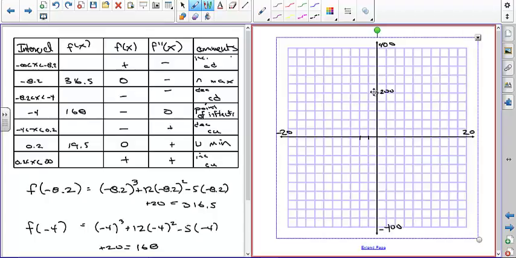So this would be 200, and this would be negative 200. You have to choose the scales. Now, if you were using a graphing program, you might zoom out, but even so, I would probably still use those kinds of rules.